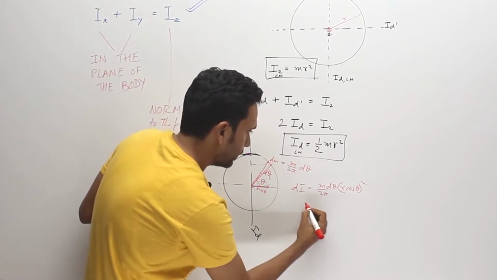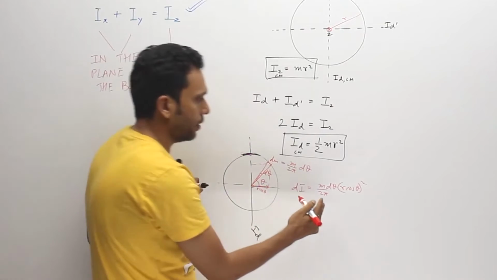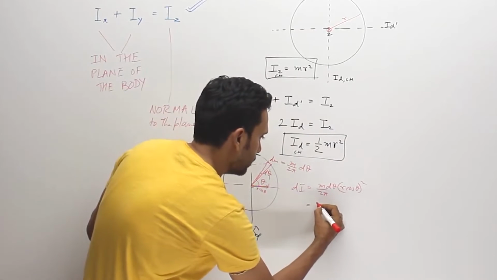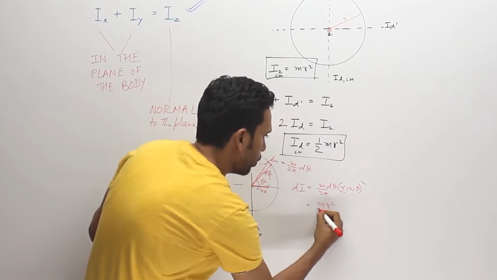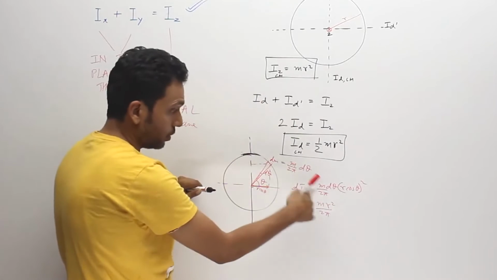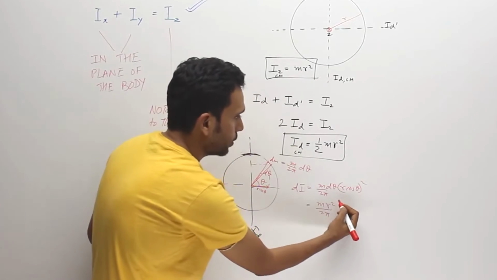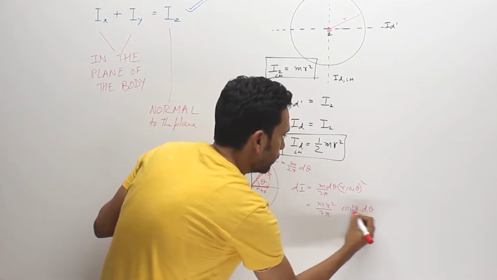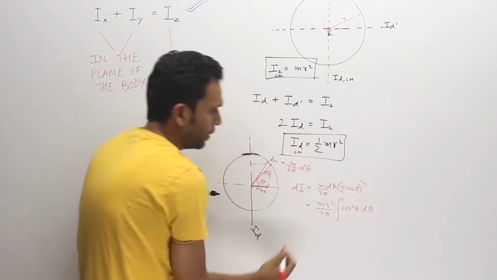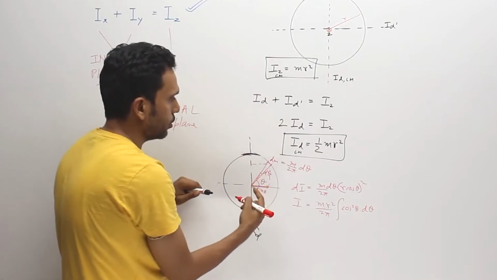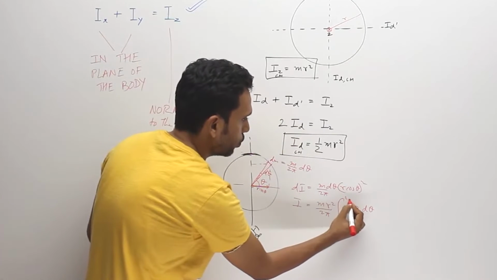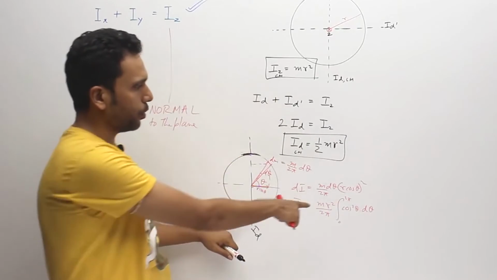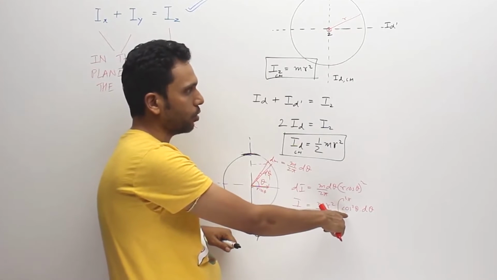Now what next? We'll take the constants on one side. So what we get is MR square by 2 pi, which carries the unit, and the rest is unitless, integration of cos square theta d theta. So that's your I. The theta is going from 0 to 2 pi. Now I hope you remember how we managed to do cos square theta.